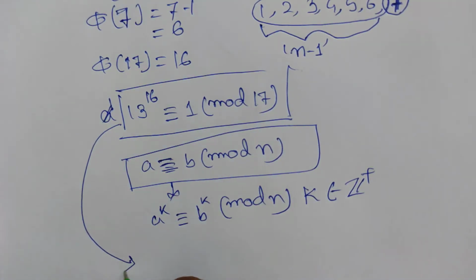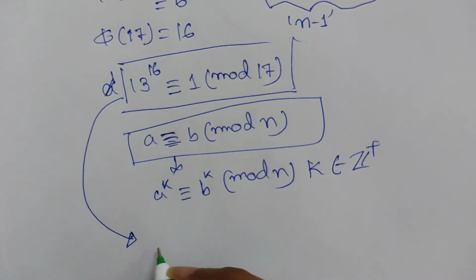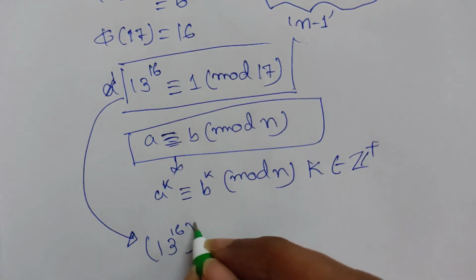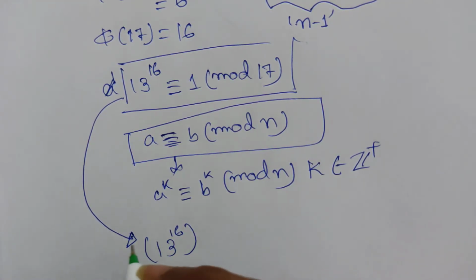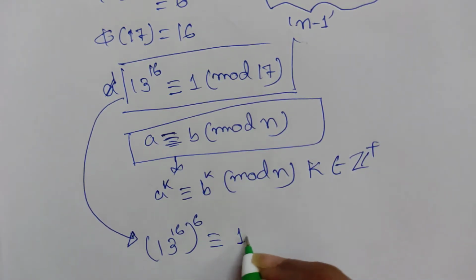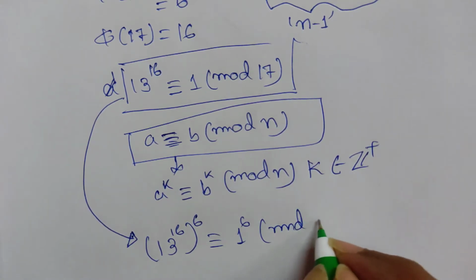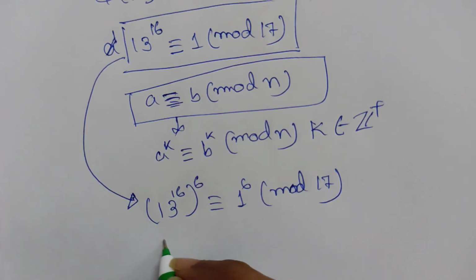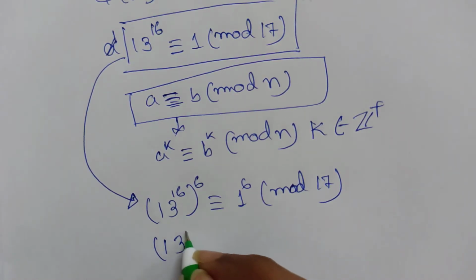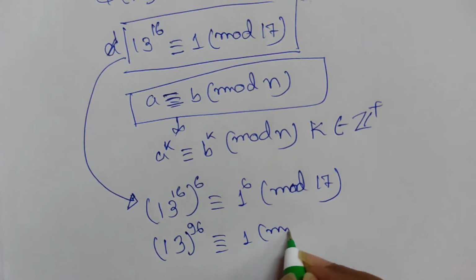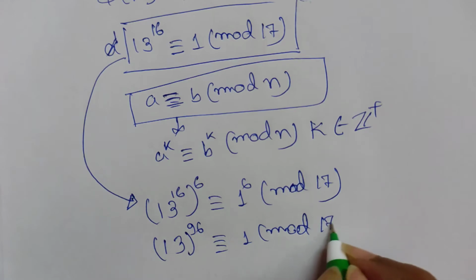So we can do 13 to the power 16 whole to the power 6 is congruent modulo 1 to the power 6 mod 17. So it will become 13 to the power 96 congruent modulo 1 mod 17.